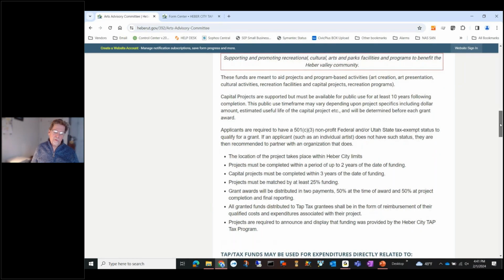It is, as it should be for good administration of public dollars, a documented reimbursement of expenses that are qualified. Finally, throughout the program, we're looking for funded projects to announce and display that funding was provided by the Heber City TAP tax program.